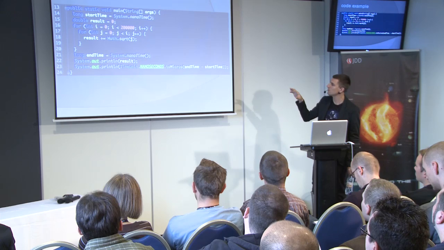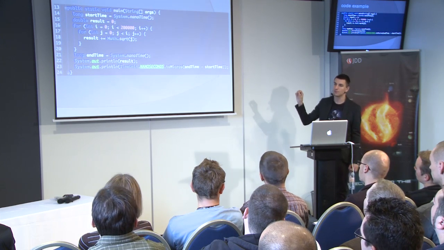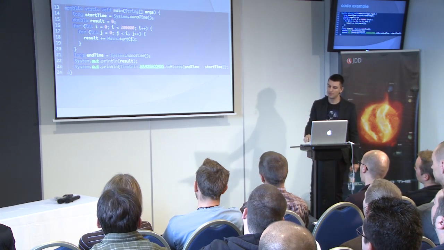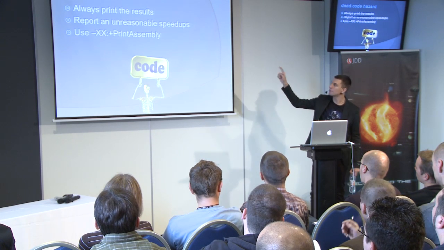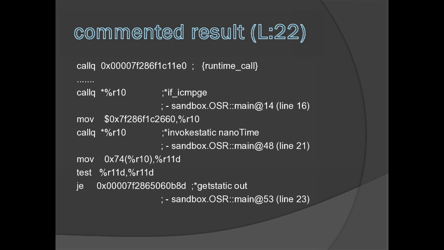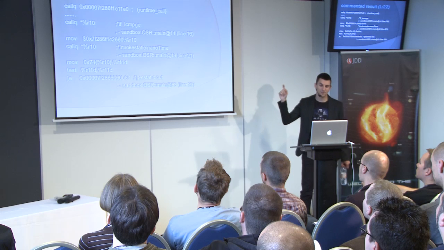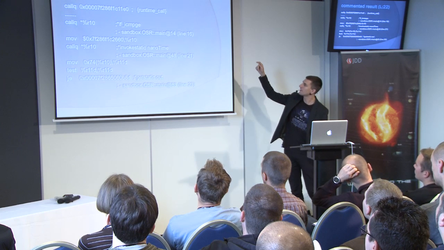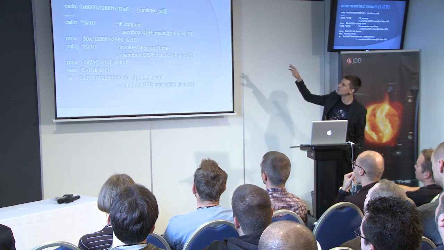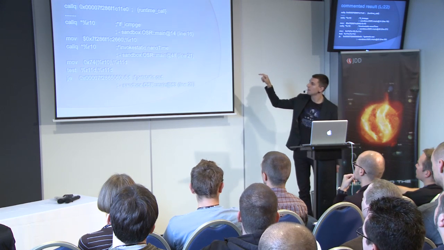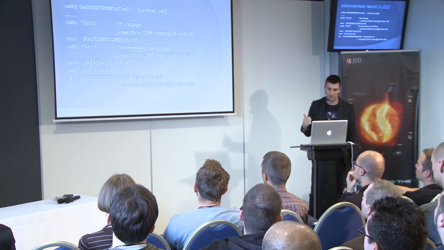And let's focus on line 22. When I comment out this line and execute the JVM with the PrintAssembly flag, I will get some nice code. It can be terrifying, but it's very useful, really. It's scattered, but believe me, there is no loop. I've got line 16, so calling the function and then invoking the nanoTime method, but there is no loop.